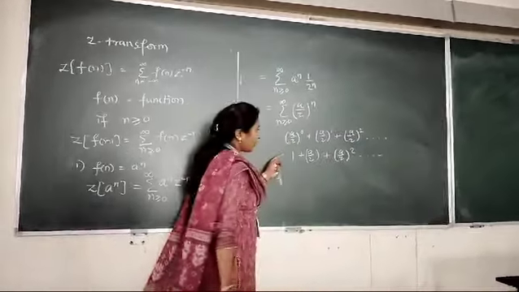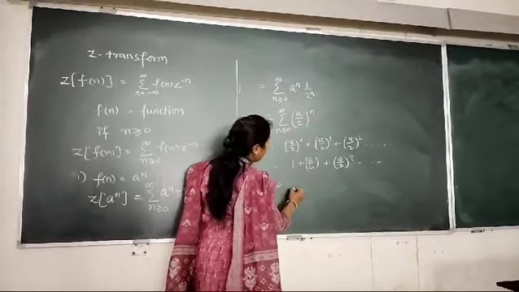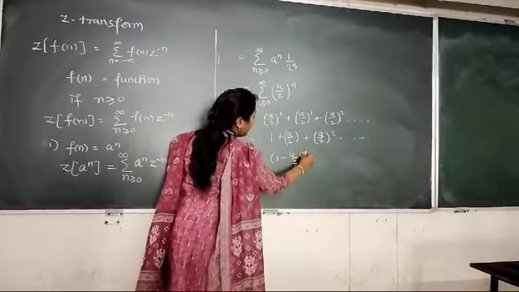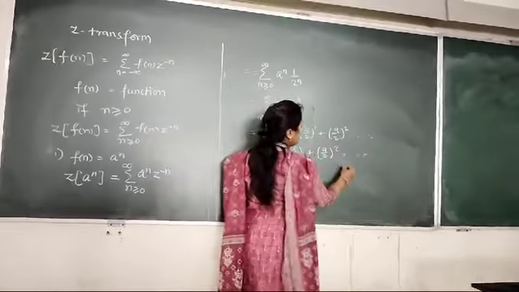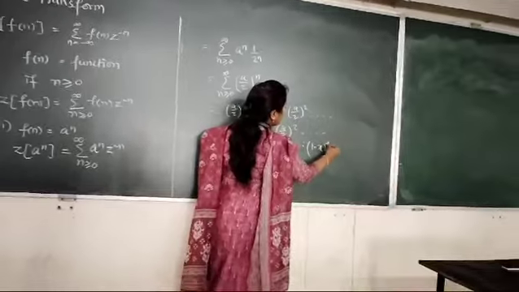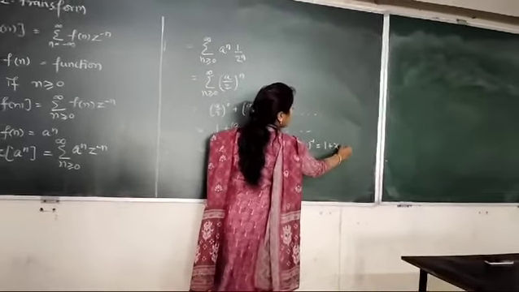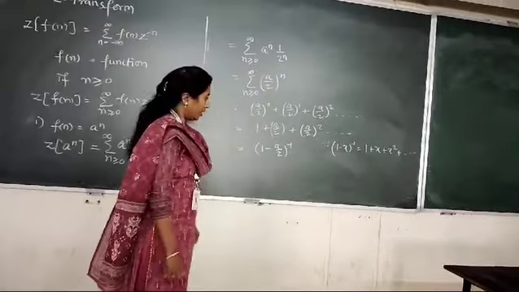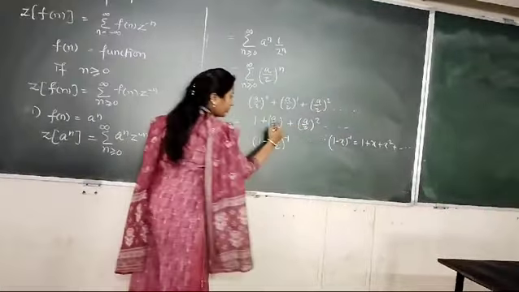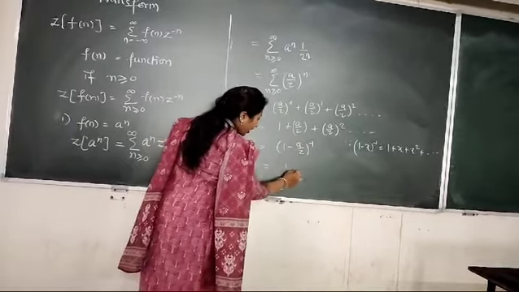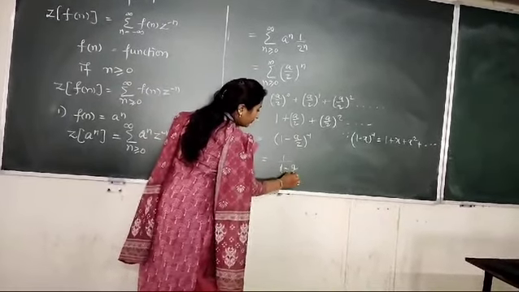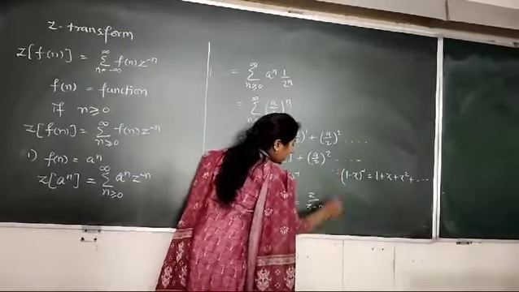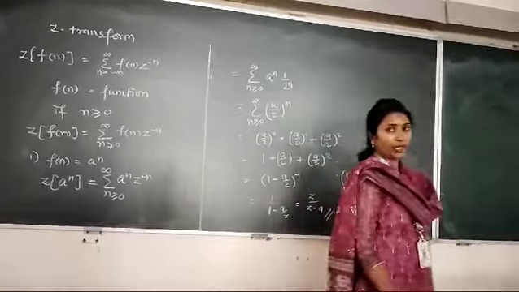Finally, this is the binomial expansion and can be written as (1 minus a upon z) inverse, because (1 minus x) inverse is equal to 1 plus x plus x square and so on, the binomial expansion formula. So in place of x, we put a upon z. After simplifying, z upon z minus a is the answer for the Z transform of a raised to n.